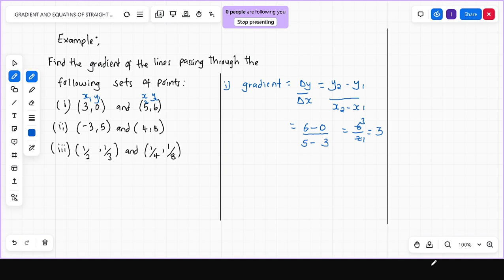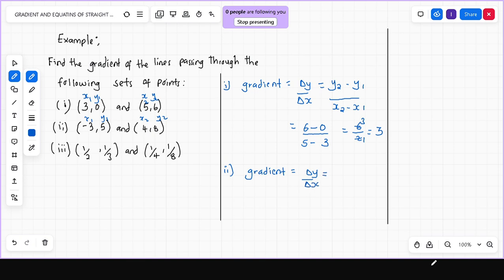Coming to the second example, let the first point be x1, y1, the x coordinate and y coordinate, and this one be x2, y2. Again, the gradient of the line passing through these points is the change in y over the change in x, delta y over delta x.